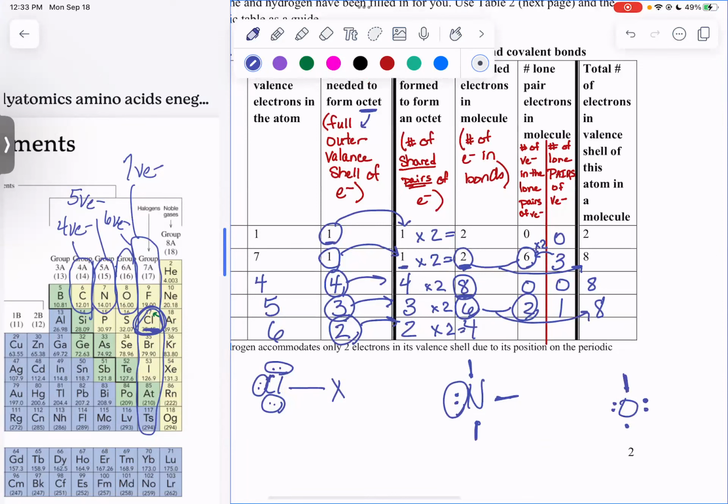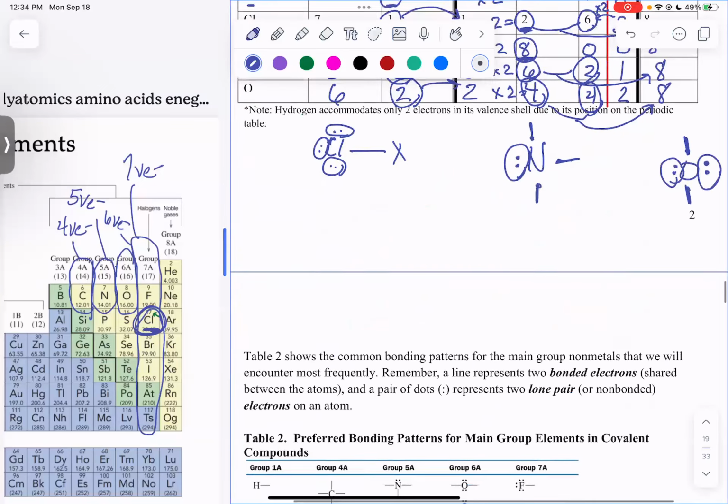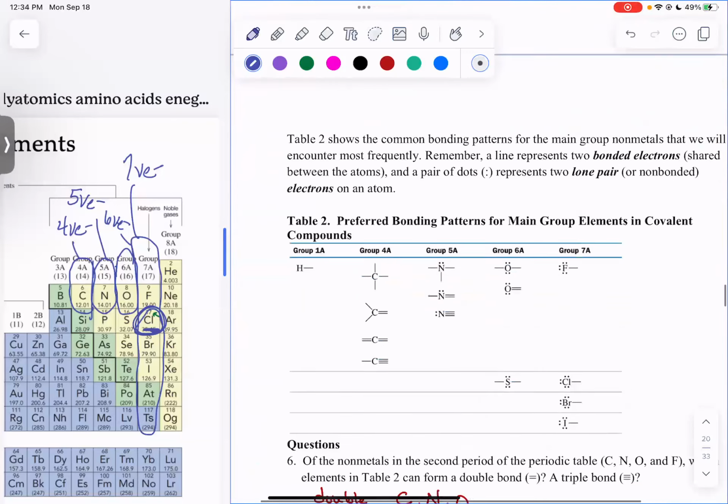If I have a bond here and a bond here, how many lone pairs do I have left? 1, 2. And how many electrons are in there? 4. 4 plus 4 gives me 8. So now you kind of see the patterns and how we know how many bonds are going to be made and all that kind of stuff.